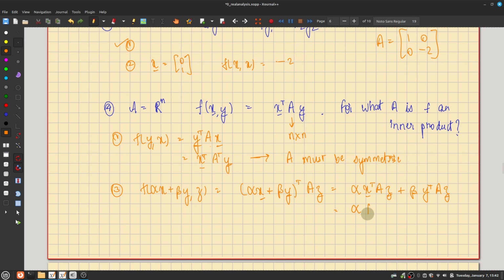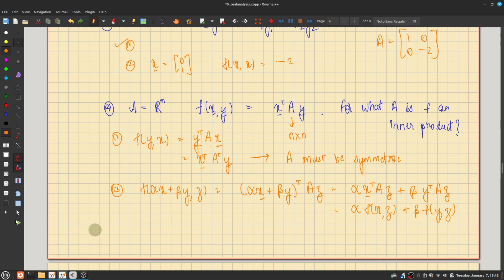So this is alpha f of xz plus beta f of yz. So the third property is always satisfied irrespective of what the matrix A is.